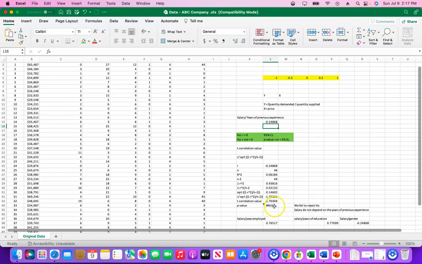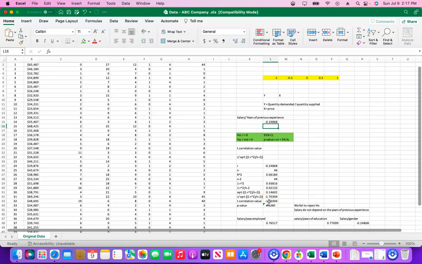Now you can see the cell shows a hashtag error, meaning that there are some problems. The problem happens with the t value. Where is the t value here? This t correlation value is actually minus 1.7, because this value shouldn't be negative.